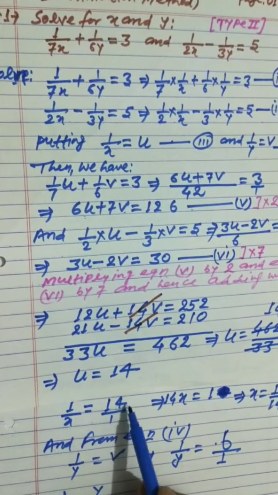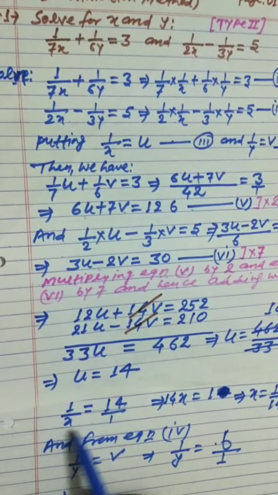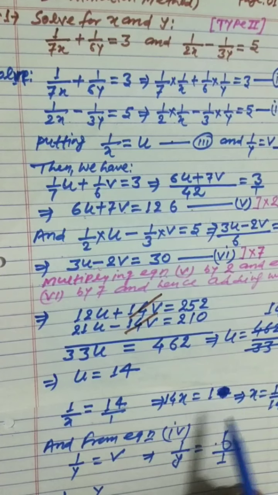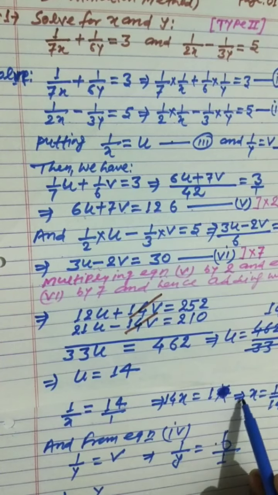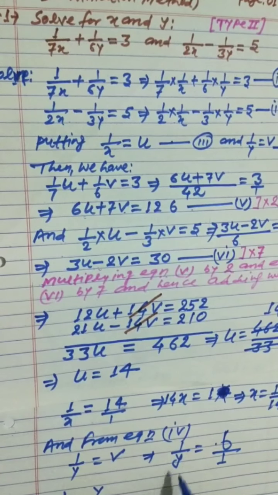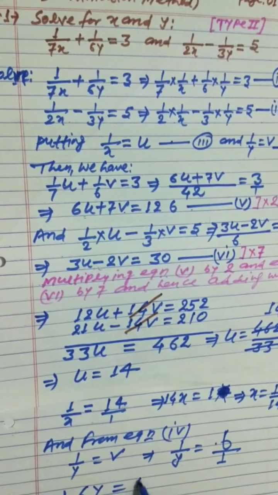So when we cross multiply it, then 14x will be equal to 1, and this implies that x will be equal to 1 by 14. Similarly here 6 multiplied by y will be equal to 1, and this implies that y will be equal to 1 by 6.